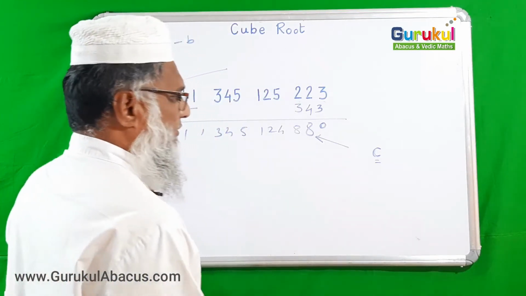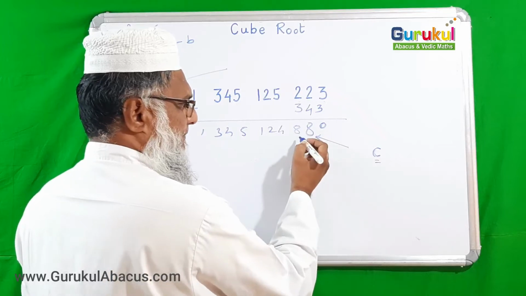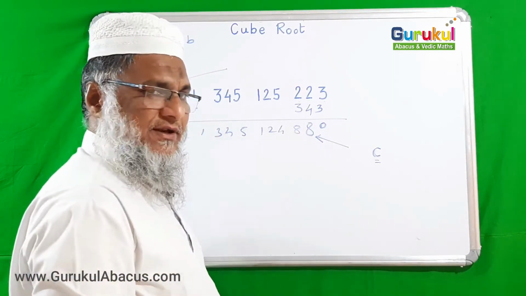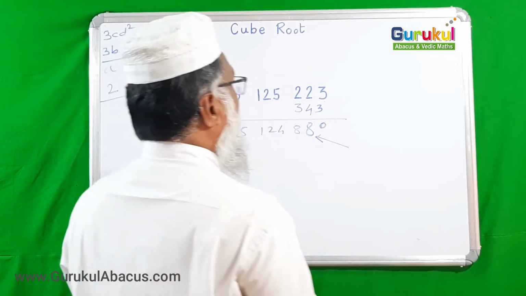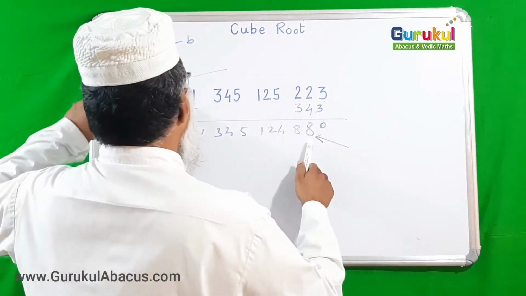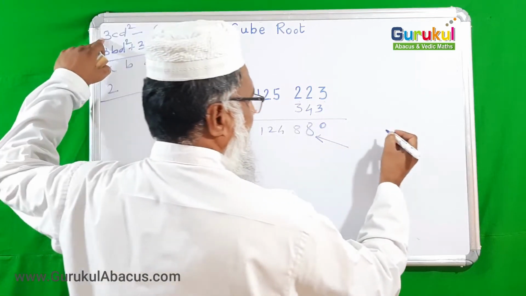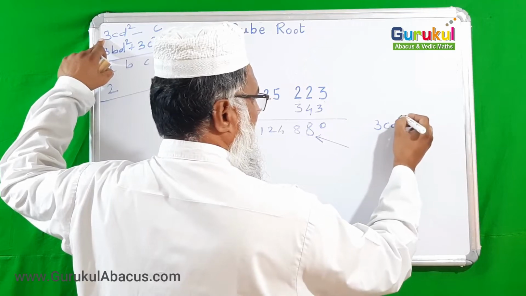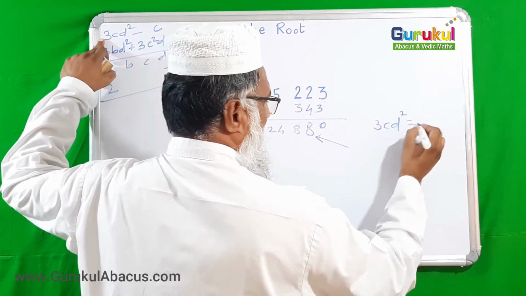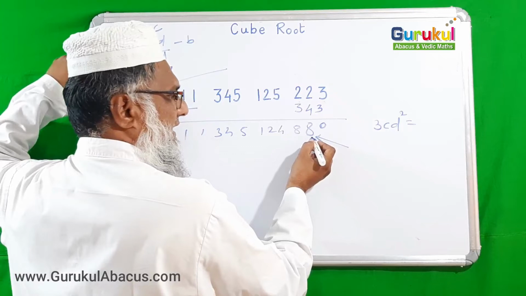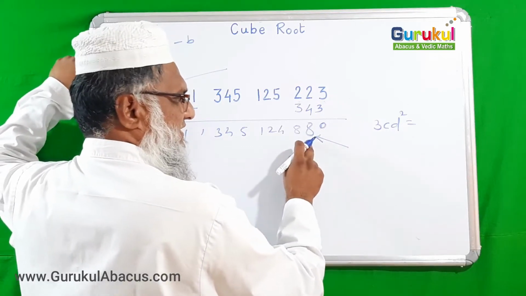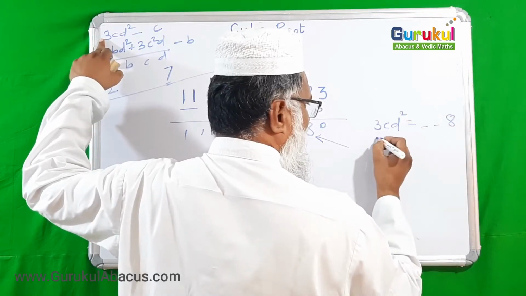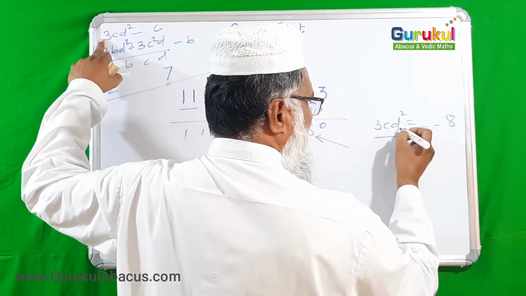So what I am telling you is that after 0, the middle digit from this pair, 8, is important for us. And now how to tackle this digit 8? Here we have 3CD square, and the second last digit, meaning after 0 which digit is there, becomes the last digit of the value of 3CD square.